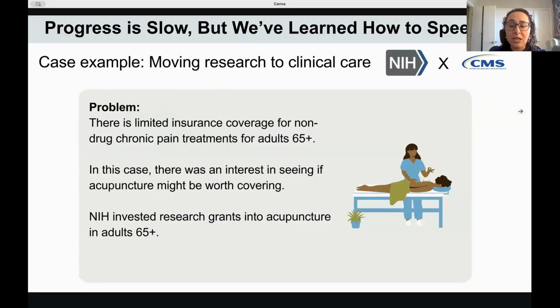And in this case, there was an interest in increasing the access to acupuncture and thinking it might make sense for coverage. But before CMS will cover a treatment, there needs to be enough research in their older adult population. So NIH decided to invest in research grants into acupuncture in adults 65 years and older in order to potentially have CMS cover this treatment.